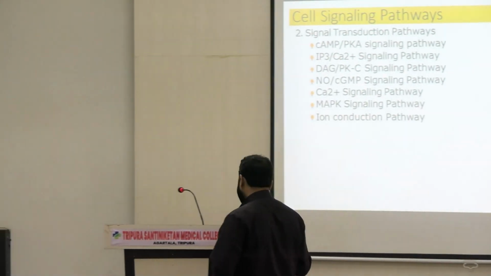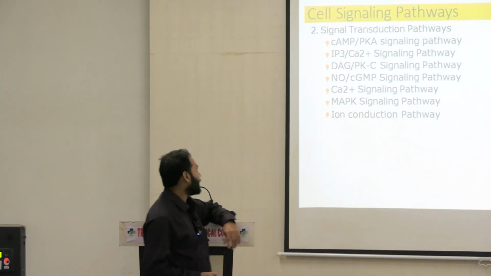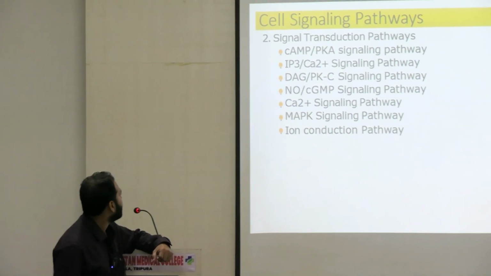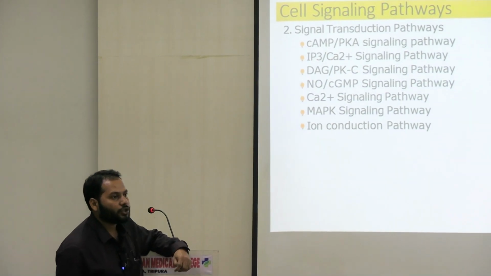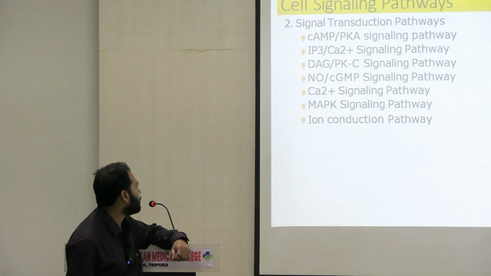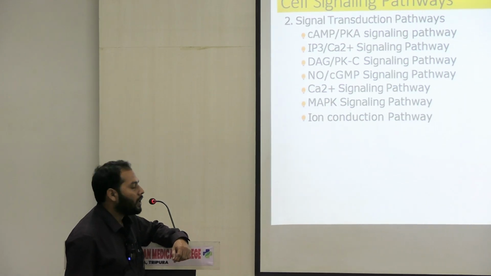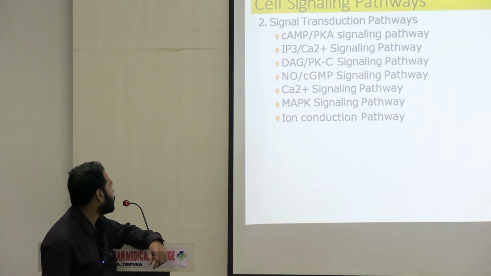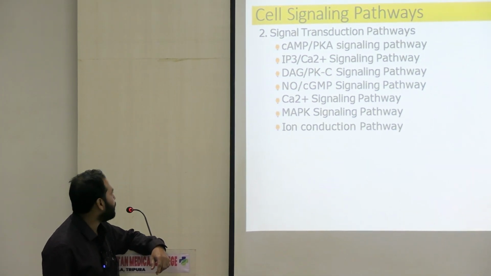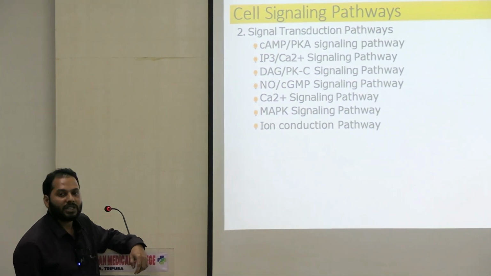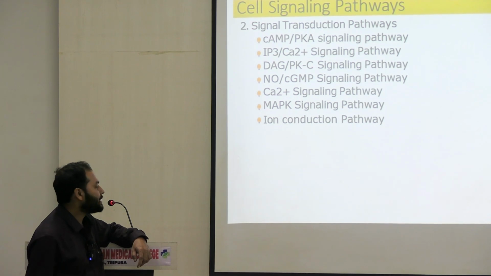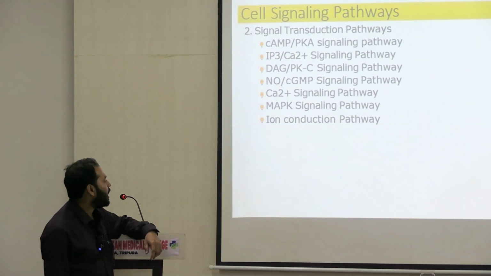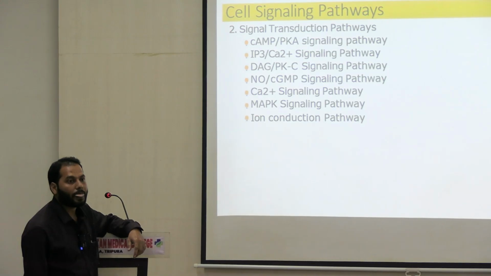These are some important signaling cascades: cyclic AMP protein kinase signaling pathway, IP3 or inositol triphosphate calcium signaling pathway, DAG PKC pathway or diacylglycerol protein kinase C signaling pathway, nitric oxide cyclic GMP signaling pathway, calcium signaling pathway, MAPK signaling pathway called mitogen activated protein kinase signaling pathway, and ion conduction signaling pathway.